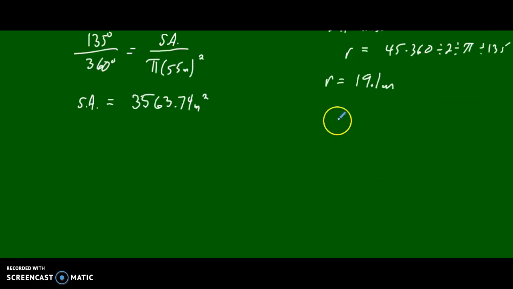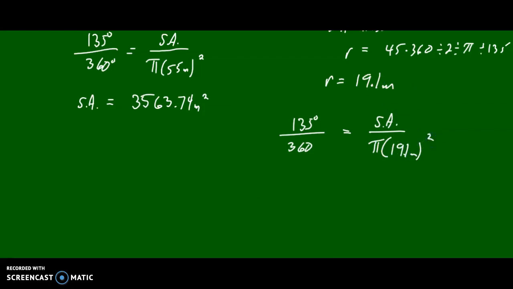So now the sector area, again the same angle, 135 degrees out of 360, equals the sector area of the stage, which is pi r squared. We found r, 19.1 meters.